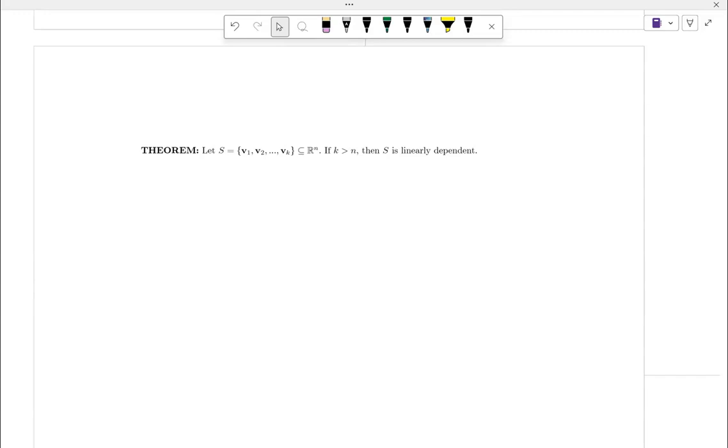But remember when we talked about how we can look to see if a set is linearly dependent or not. We took the vectors, made columns in a matrix, and row reduced, right? Okay. If all my vectors are coming from Rn, how many rows and how many columns is that matrix going to have that we form?